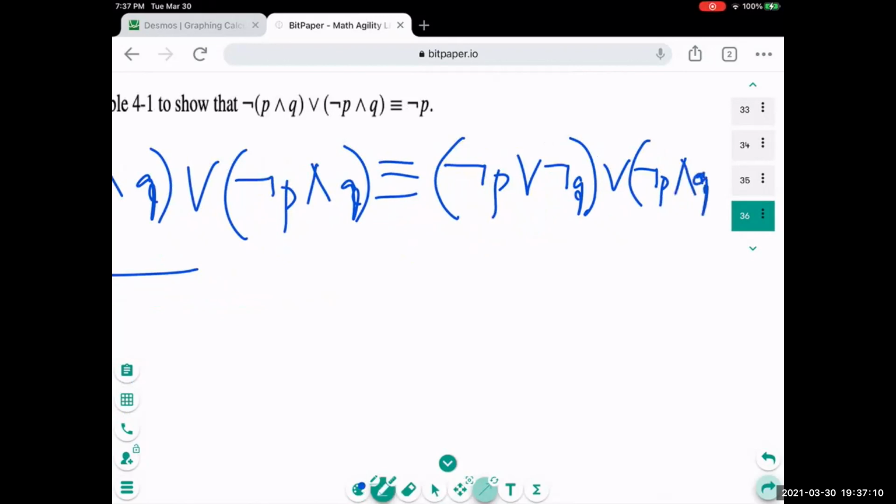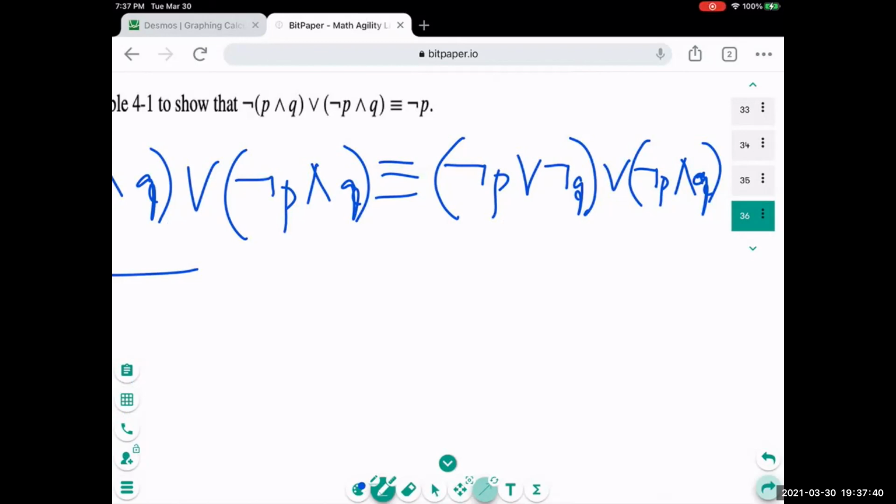Conjunction ng Q. So, anong susunod nating pwedeng gawin? We can factor out yung negation ng P, right? Distributive law. Distributive law is yung 4A and yung 4B kasi this is a disjunction, right? Nung dalawang parenthesis.